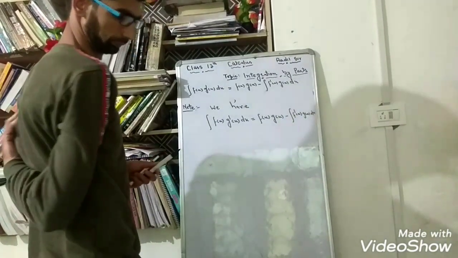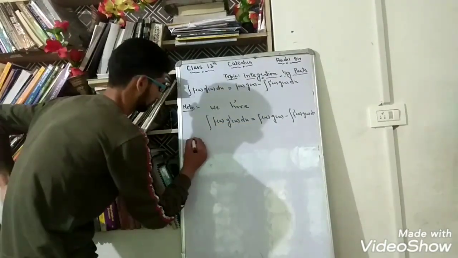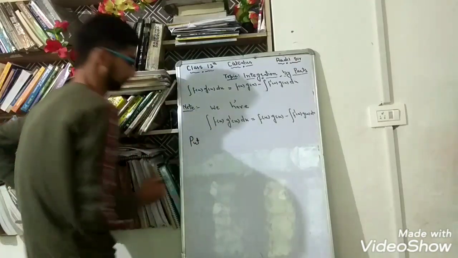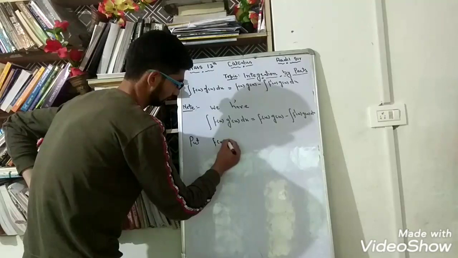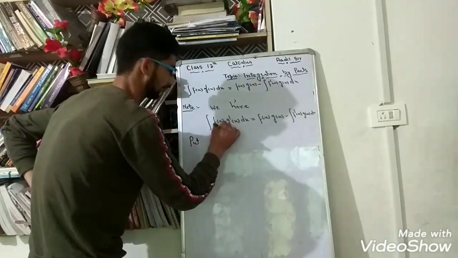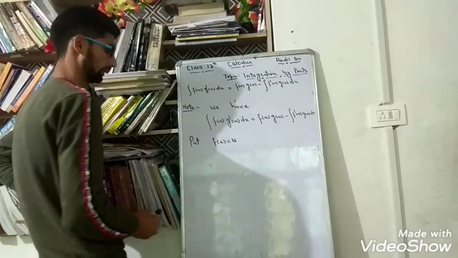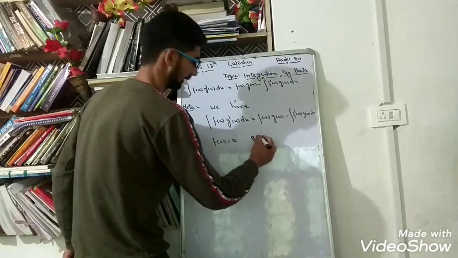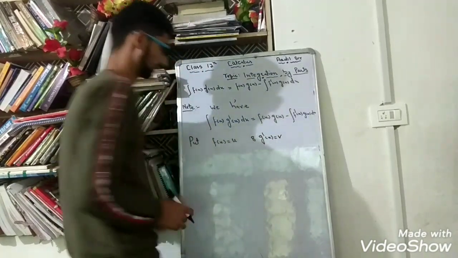Now beta, I will put this f of x equal to, for example, u, and the g dash of x I will take as v.